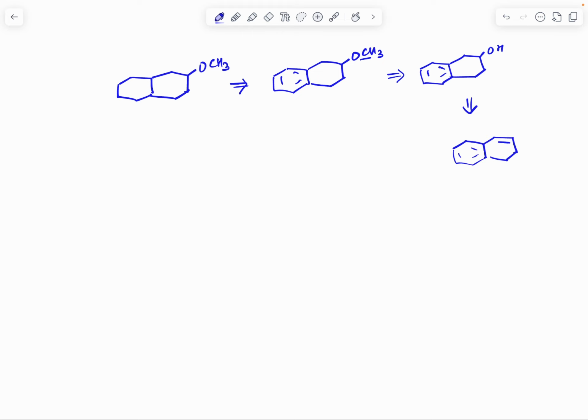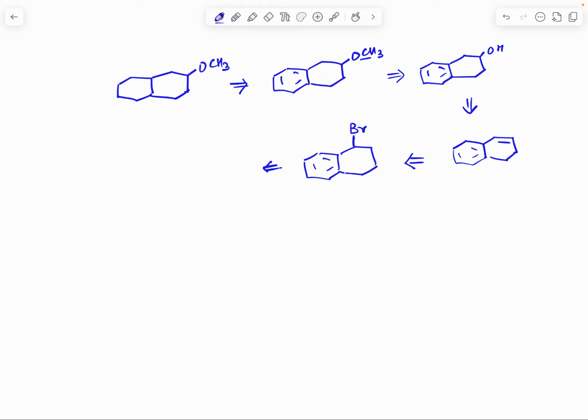So we put a double bond out there. And now, could we make this alkene by a dehydrohalogenation? Yes, we could. So we'll put a bromine out here. And then I'll take this backwards a few more steps.